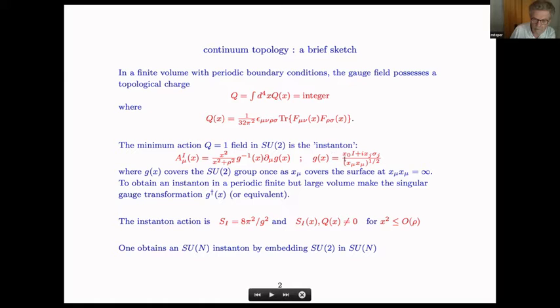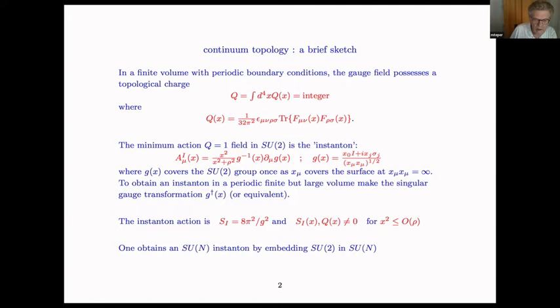A convenient gauge has this gauge function having this form, and you can see it's the general SU(2) matrix. As you go around the sphere at four-dimensional infinity, you go once around the SU(2) group. So you're doing a unit winding, and this is the topological aspect of the field.